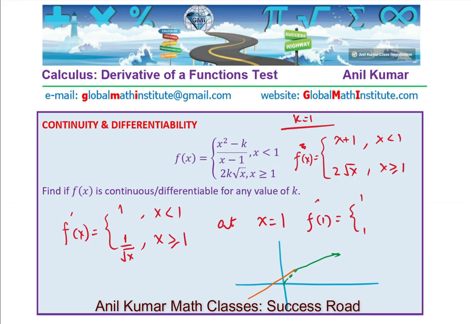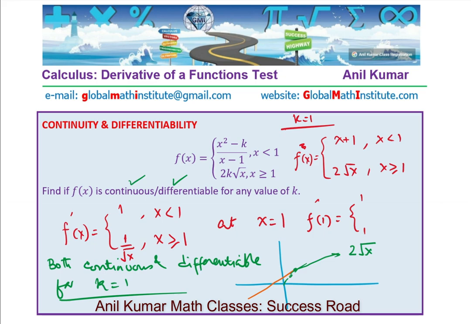This is your 2 square root x. At that point, they are continuous, and since it is a tangent for both at the common point, the function is also differentiable. Therefore, in this case, the function is both continuous and differentiable for k equals 1. That is how we are going to answer this particular question.